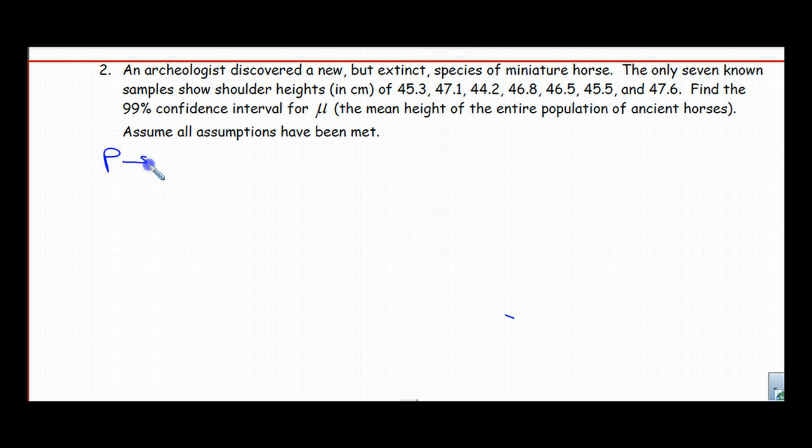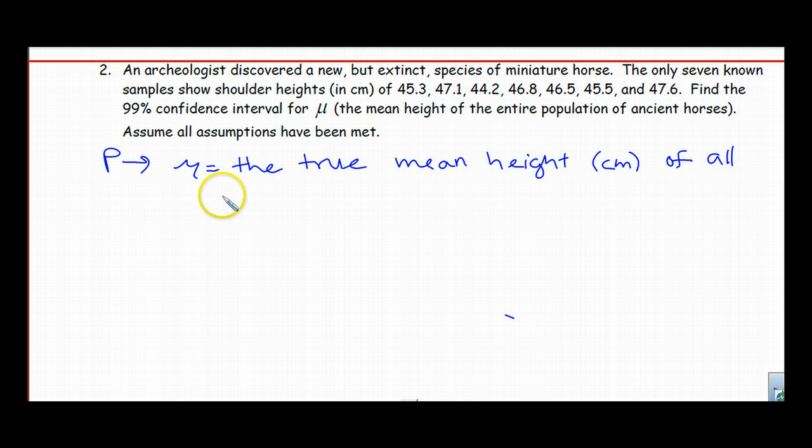So our P, this time I'm doing the mean, so I'm going to say mu equals the true mean height in centimeters of all ancient horses. Our A, we only had a few, right?